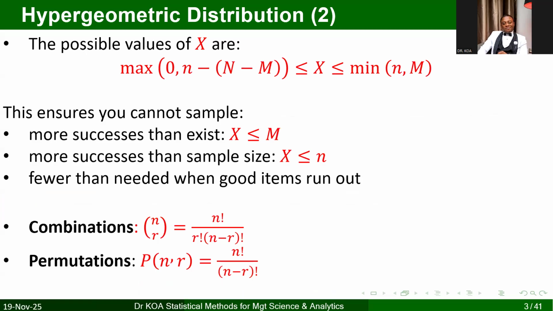Now, you remember the formula for combinations and permutations. If you don't remember, I've just put it here. If you are doing a combination of two numbers where N is the bigger number and R is the smaller number, which is what you are selecting from the N, then the combination is defined as N factorial divided by R factorial times (N minus R) factorial.